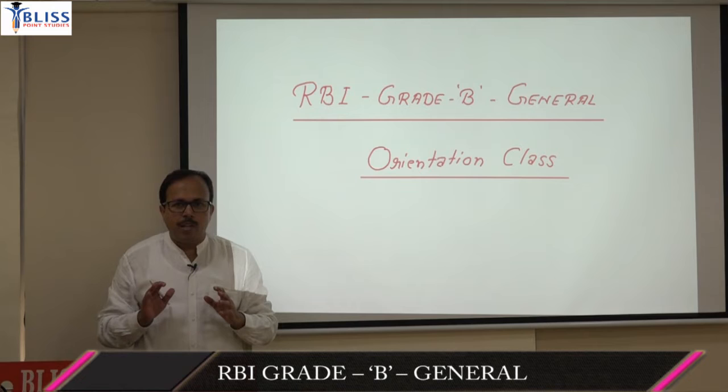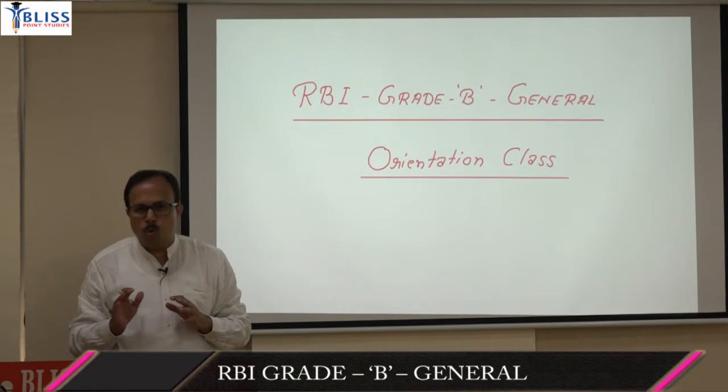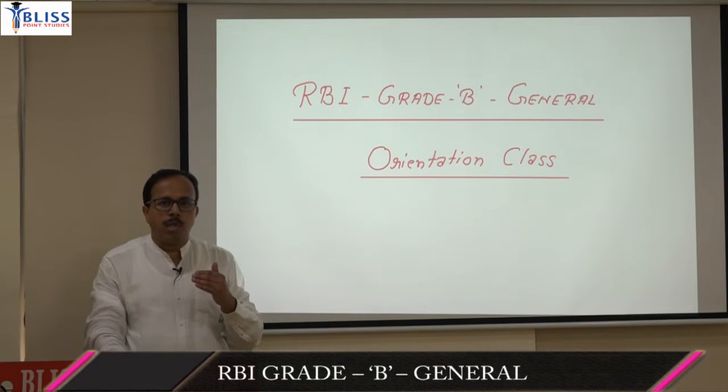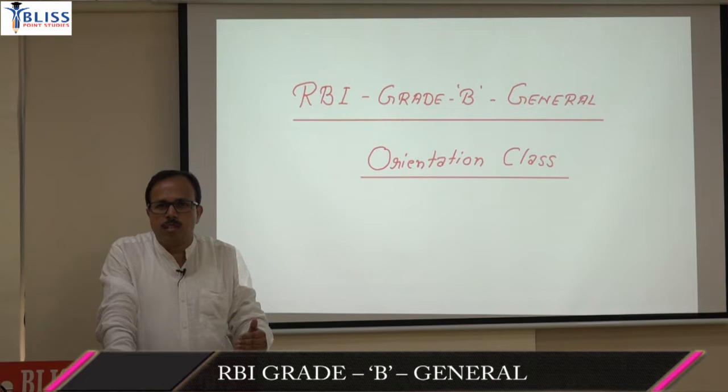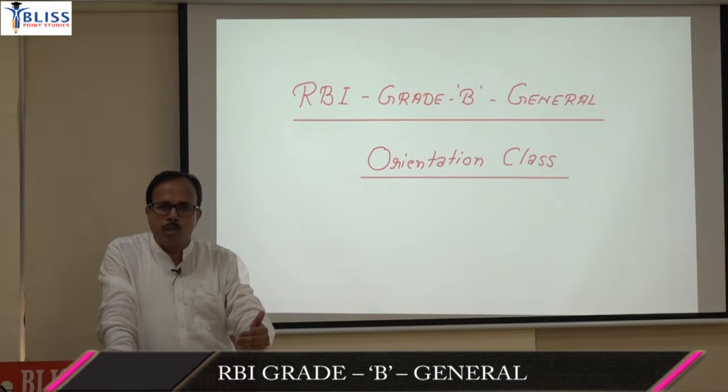First of all, I will explain the course content, the minimum cutoff, sectional cutoff, what the content is, phase 1 being qualifying in nature, the weightage of phase 2, and the weightage of the interview. So there are three different stages, phase 1, phase 2 and phase 3.